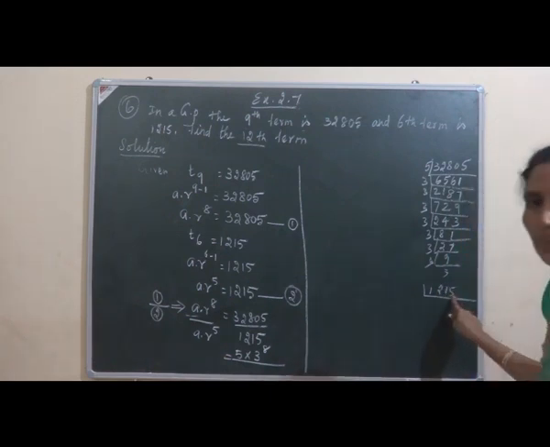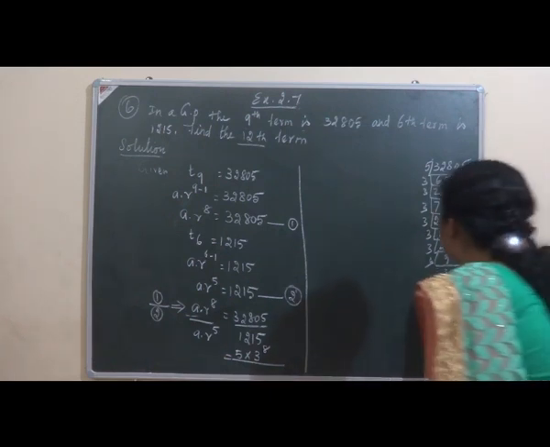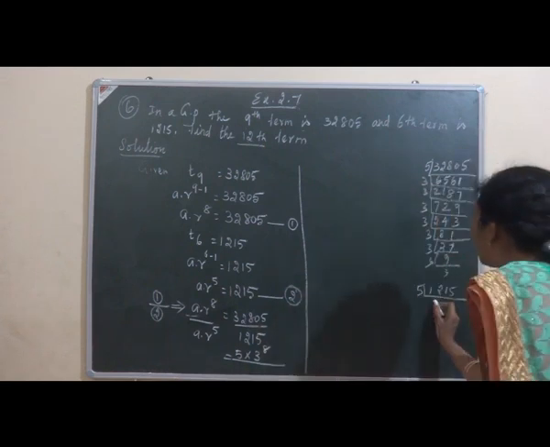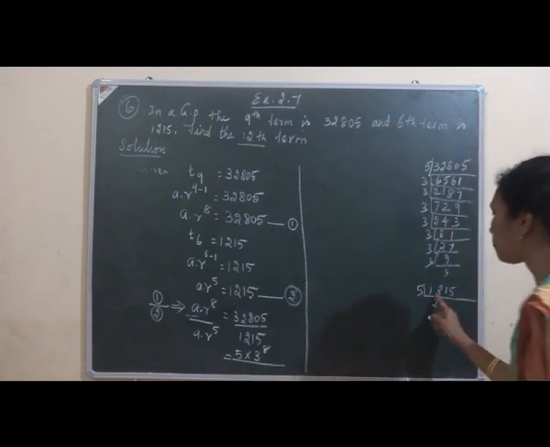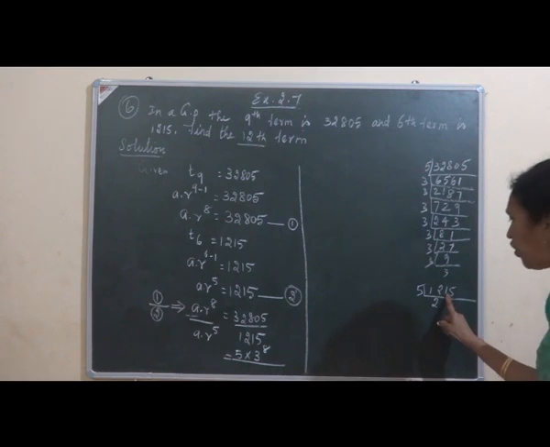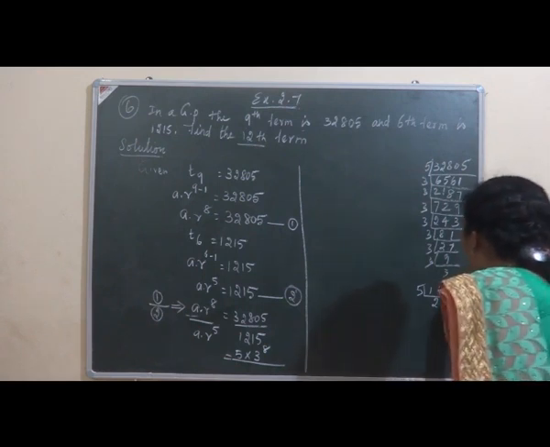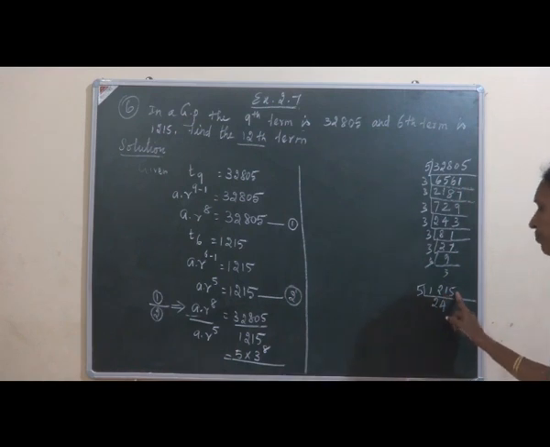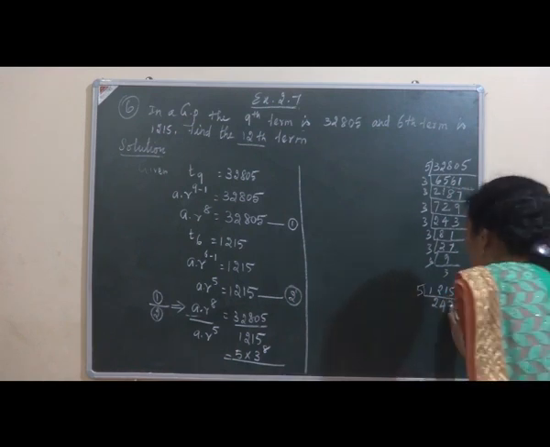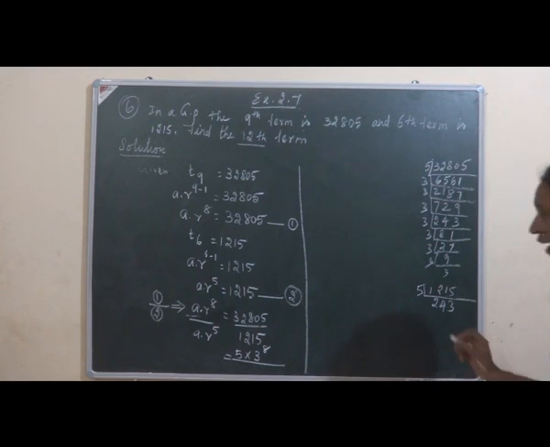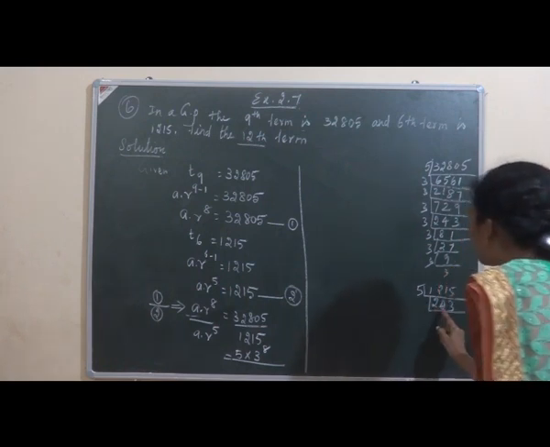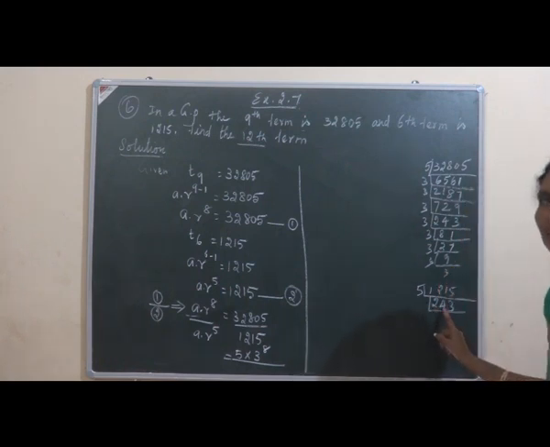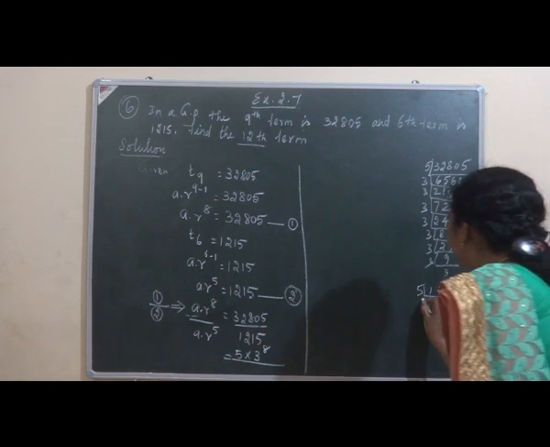1215: the last digit is 5, so it is divisible by 5, giving 243. Now 2 plus 4 plus 3 is 9, so this number is divisible by 3.